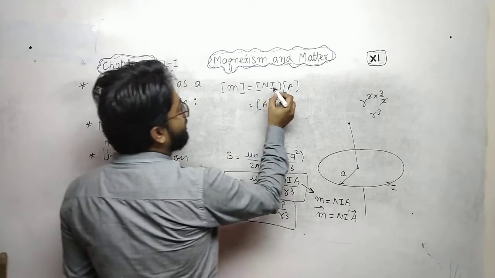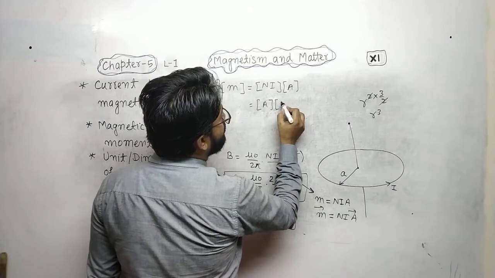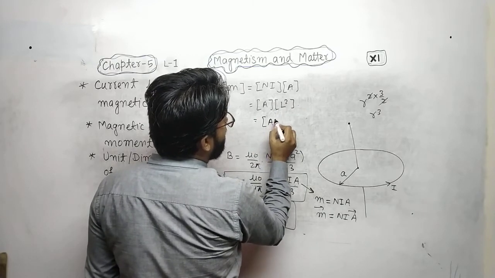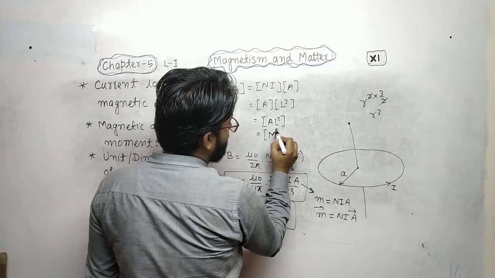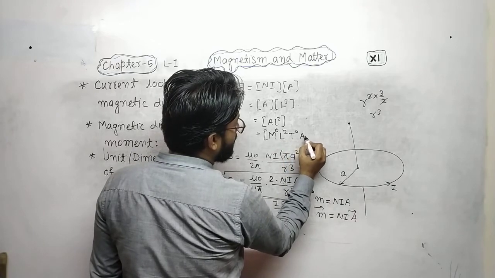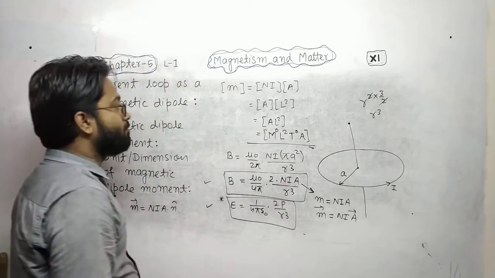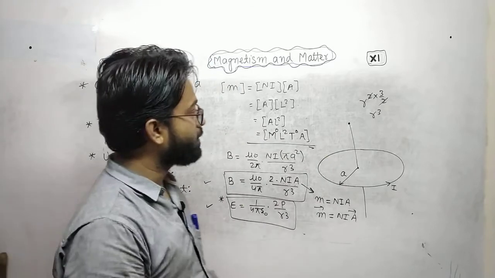Dimension of I is A, and dimension of area is L square, so the dimension will be A L square. In standard form you can write M0 L square T0 A. This is the dimension of magnetic dipole moment. Hope you are understanding, and thanks for watching.